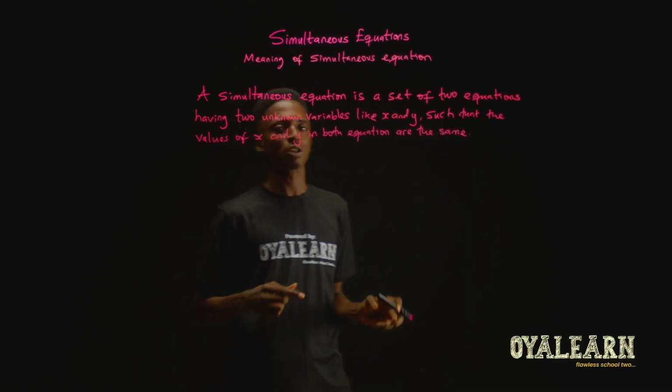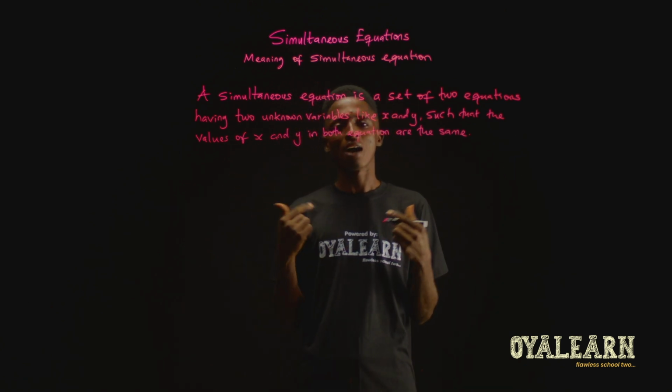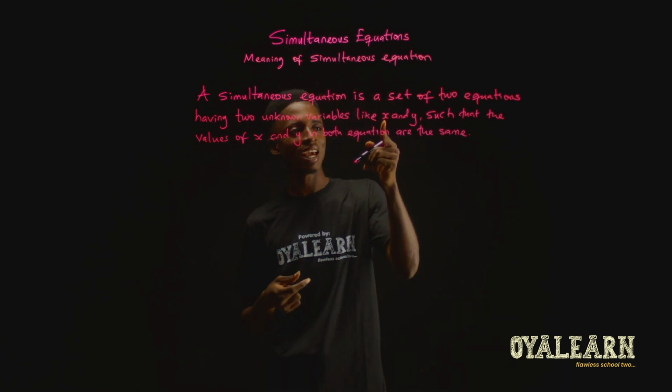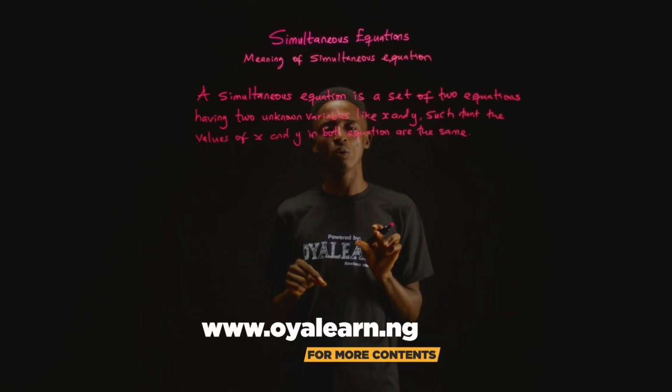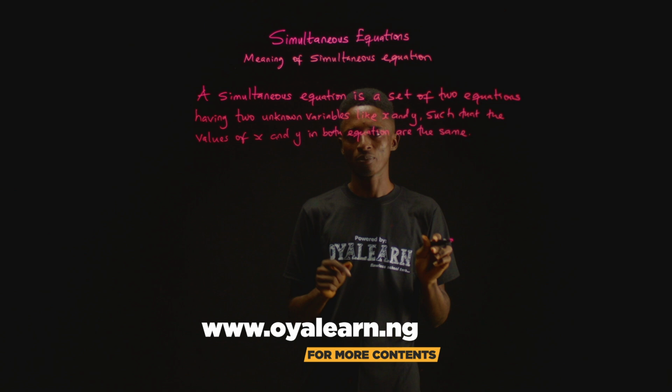So what this means is that you have two equations having two unknowns, such as the x and the y, and the values of x and y in both equations are the same.